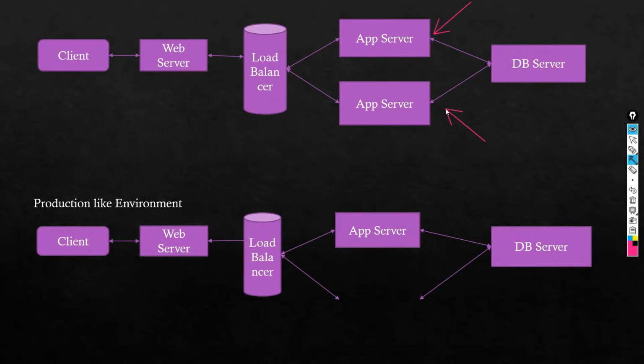If they have more app server instances, the load should be equally distributed. If you are getting 1,000 requests from clients, then the load should be equally distributed, based on some algorithms.